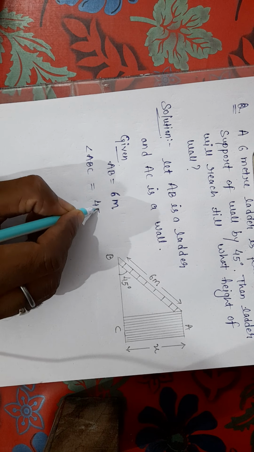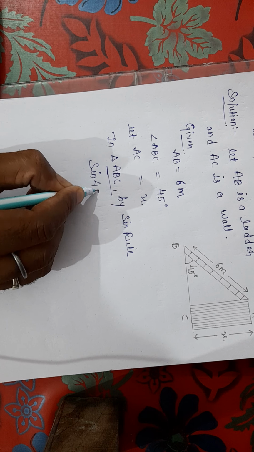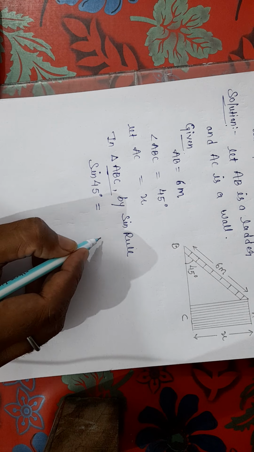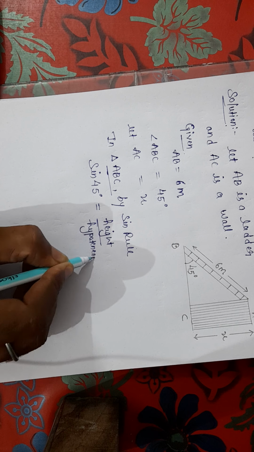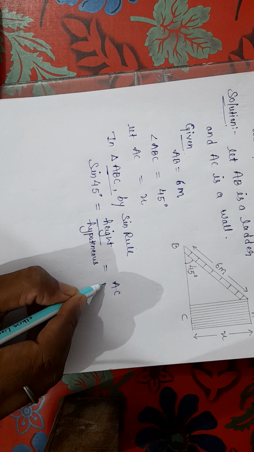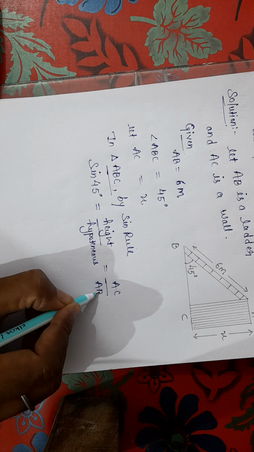So sine 45 degrees equals, sine is what? Height upon hypotenuse. Height is what? AC. Hypotenuse is what? AB.